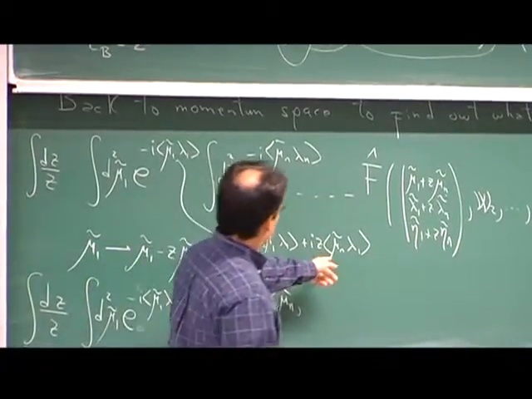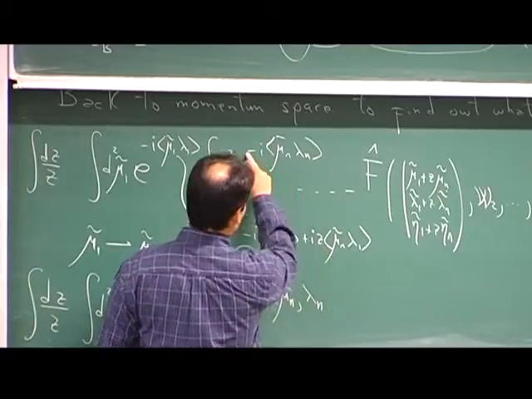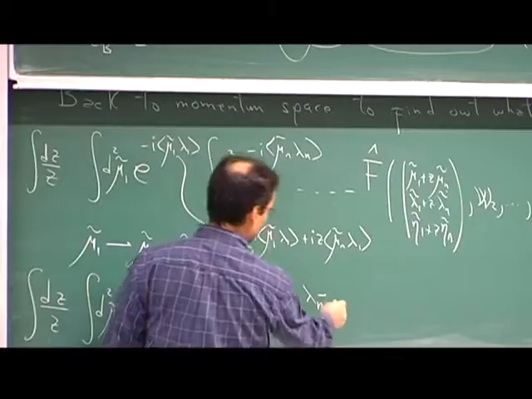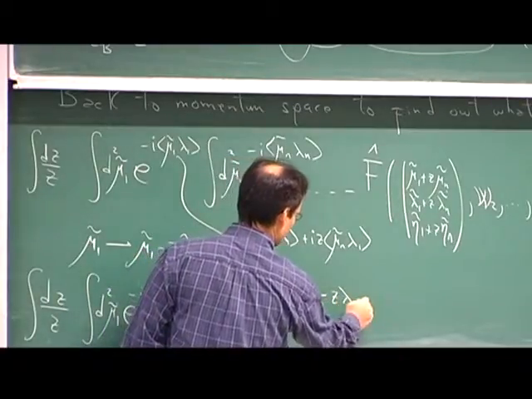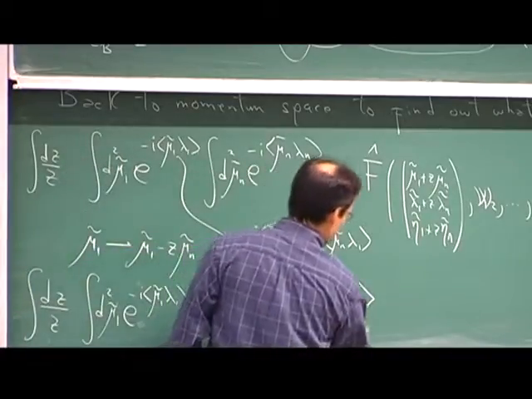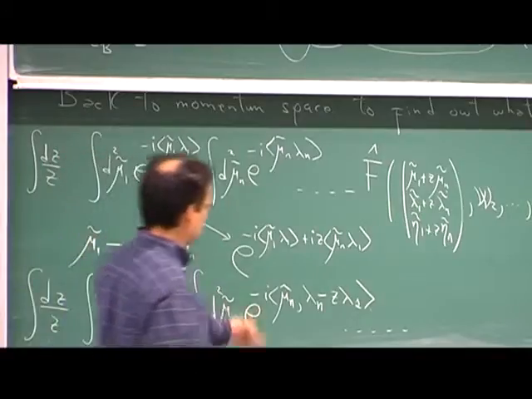But now I have to be careful. I have lambda n, there is a minus sign here. This is plus. If I want to put it in, I have to compensate for the minus sign. Okay. The other Fourier transforms are exactly the same as the usual ones, so no problem.